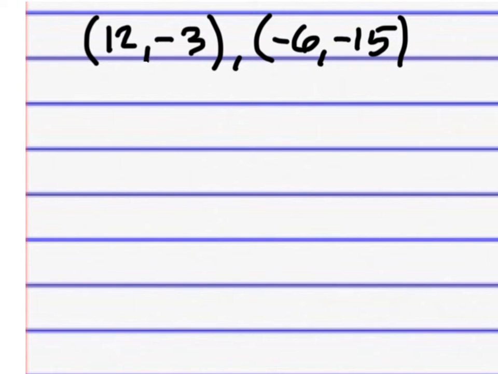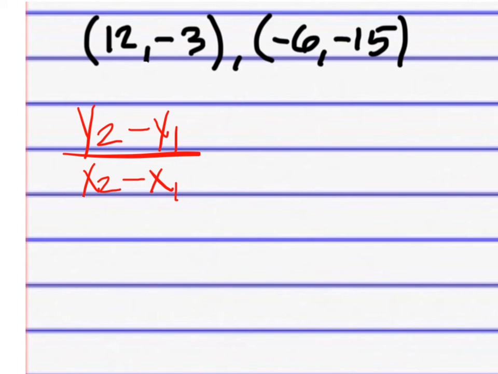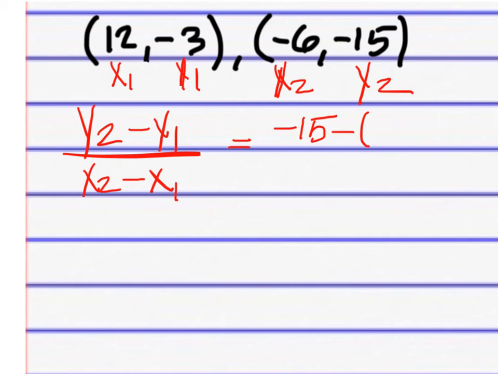The formula for slope given 2 points is y2 minus y1 over x2 minus x1. Don't forget this is x1, y1 and x2, y2. Plug in what you know, negative 15 minus a negative 3 over a negative 6 minus 12.